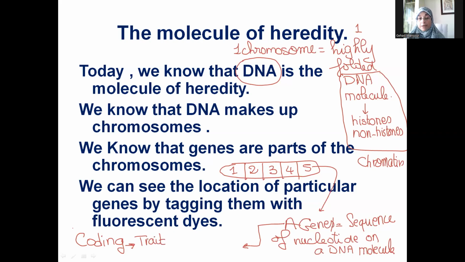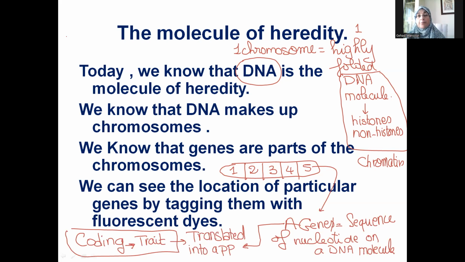And by coding for a particular trait, we mean that this gene will be translated into a certain protein. This gene will be translated into a certain polypeptide or a protein. And through that polypeptide, the gene will control a trait. Why?